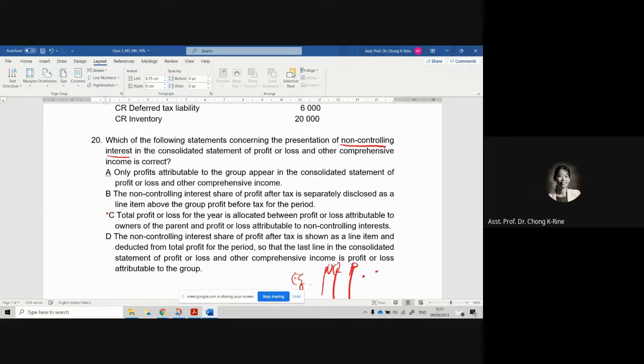What happened is the profit or loss eventually goes to retained earnings, and therefore it will be under the equity component. So we will have to calculate the profit or loss attributable to the NCI and also attributable to the parent. Apart from that, we also have to calculate for share capital and reserve. Share capital, reserve, and also retained earnings, we have to calculate for NCI. So A, B, and D are not correct. All right, so the correct one is C.